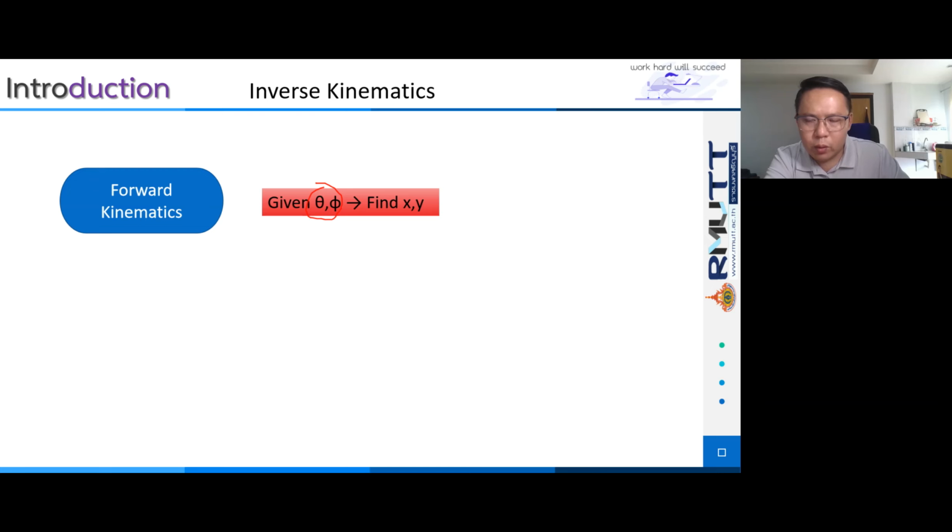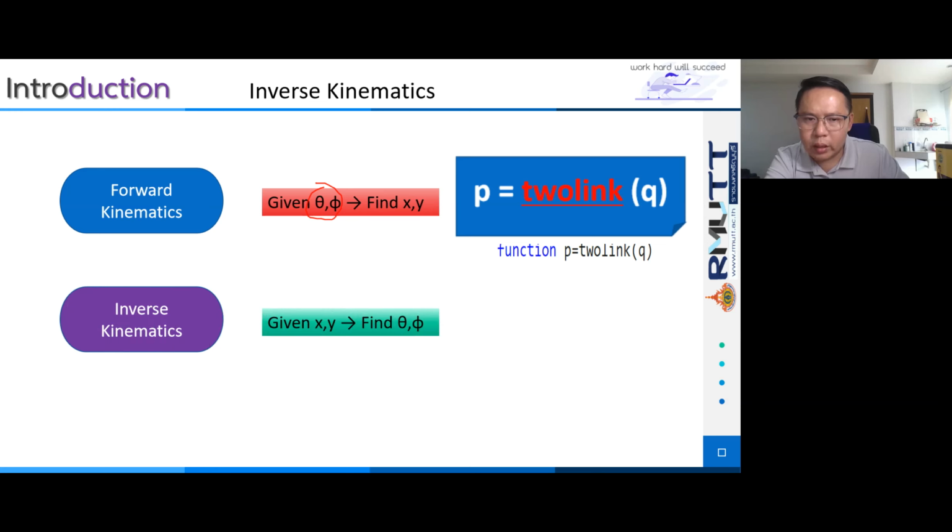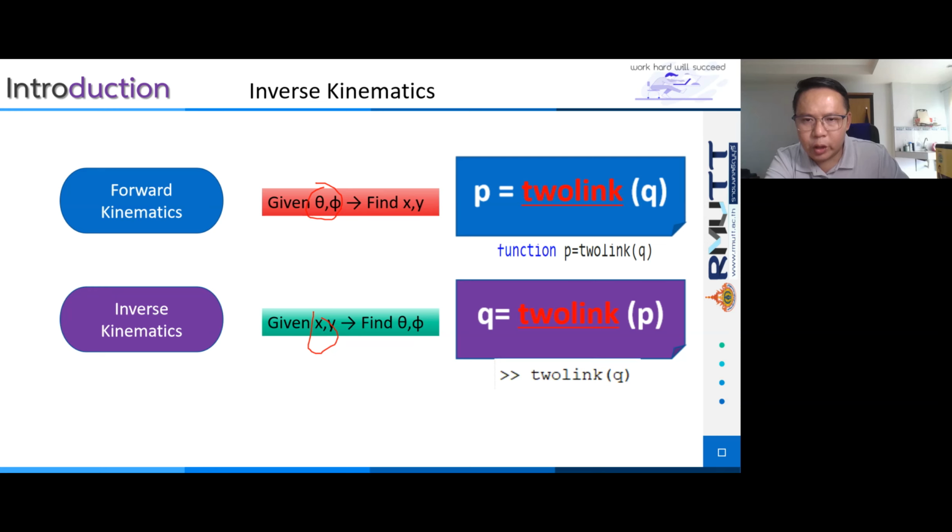In MATLAB, we could define P equals twolink Q. And for the inverse kinematics, it means that given x and y, find theta and phi. In MATLAB, we can define Q equals twolink P.